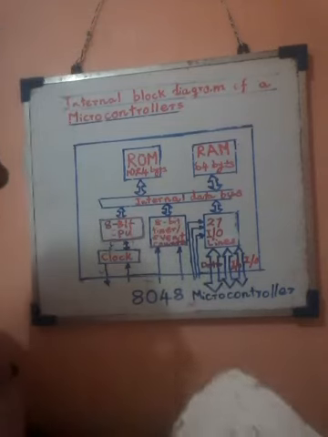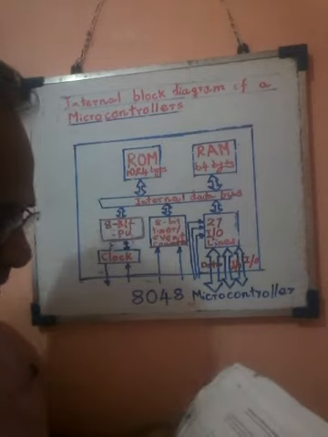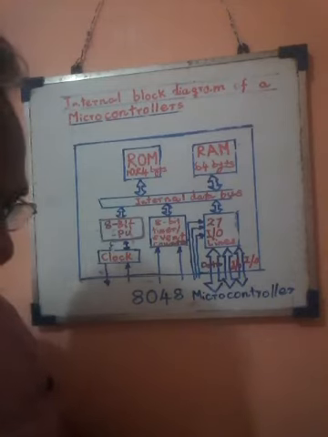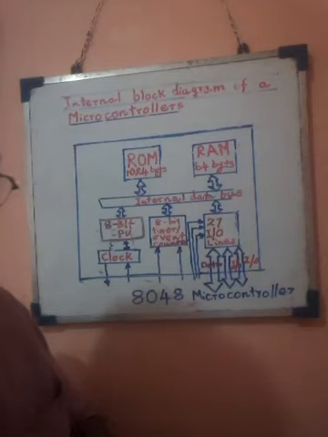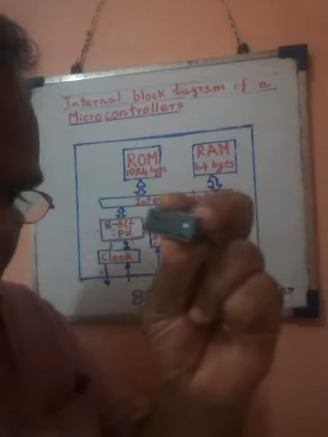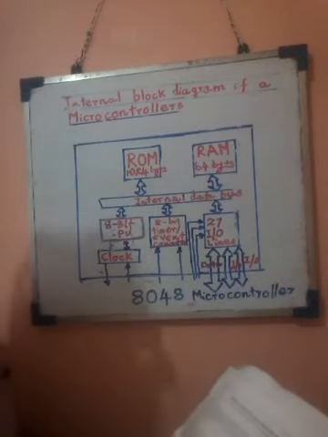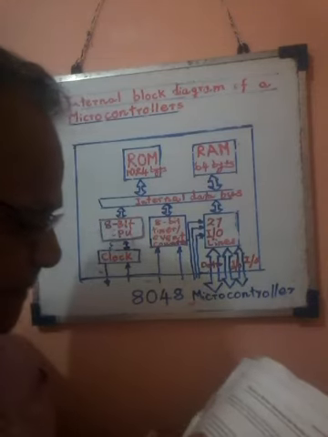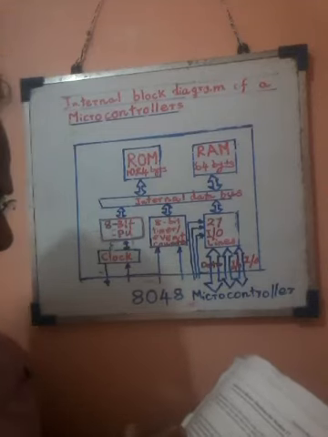And second, the major difference between the microprocessor IC and the microcontroller IC. So this is the microcontroller IC. Number one, a microcontroller has internal memory.